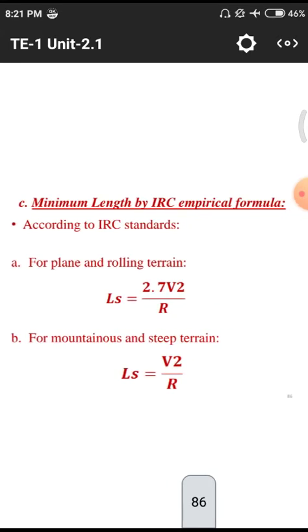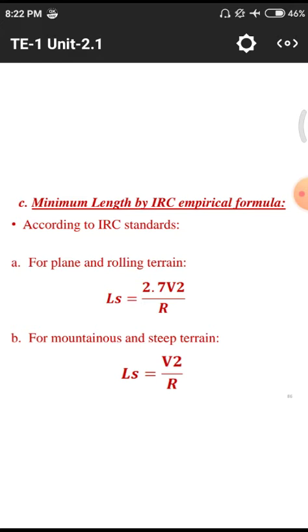After that, the first point is centrifugal force, the second point is super elevation, and the third one is the empirical formulas proposed by the Indian Road Congress. These are the empirical formulas. We have two formulas according to terrains. We have different kinds of terrains: plain terrain, rolling terrain, steep terrain, and vertical terrains.